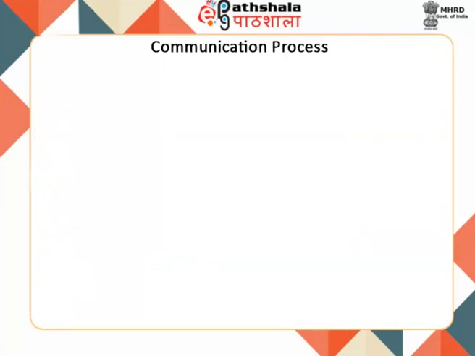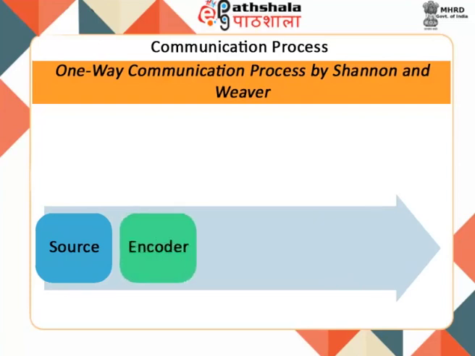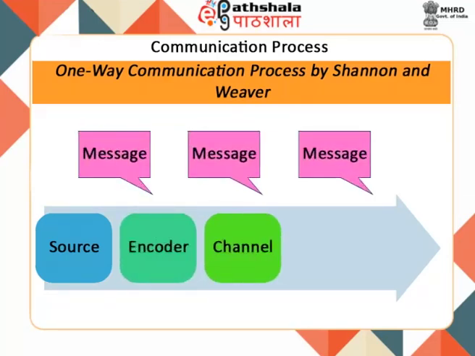Moving on, now we shall discuss the communication process. Earlier models of communication projected the process as a one-way process. The model of communication given by Shannon and Weaver had six elements of communication, which are source, encoder, message, channel, decoder, and receiver.